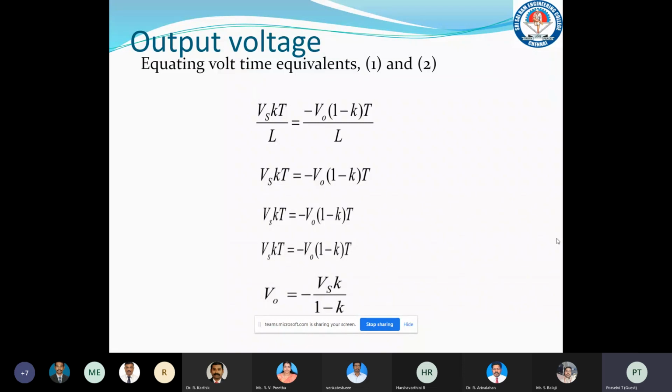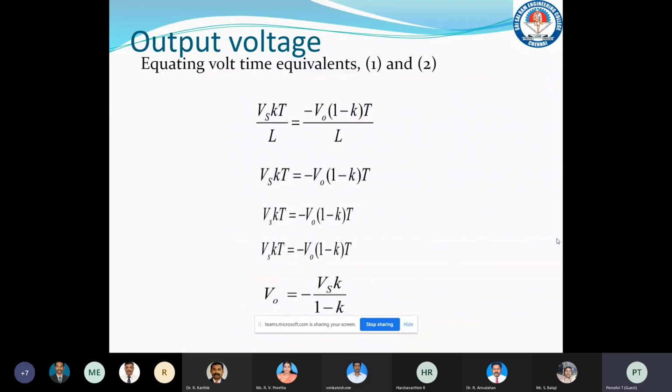We can infer from this expression that the V naught polarity is minus, so it is called an inverting regulator, and we have K in both the numerator and the denominator. For K equal to 0, the V naught will be 0.